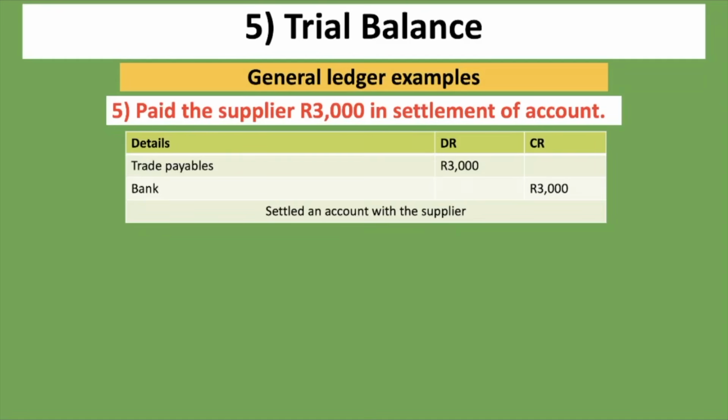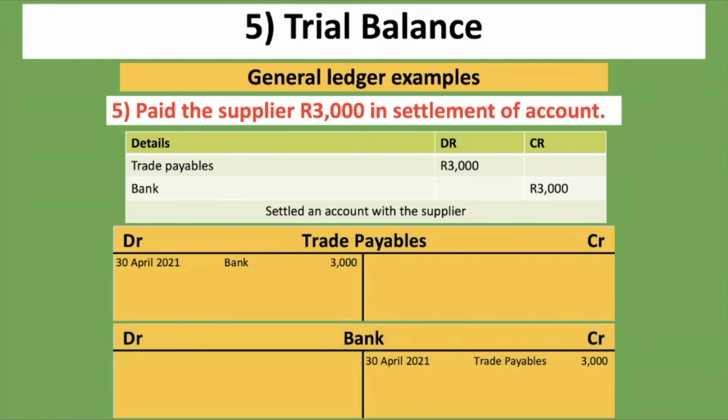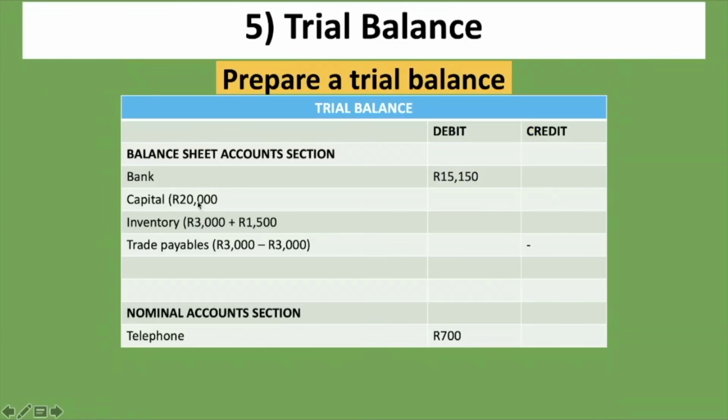All right, let's go back and look at the next one we have here, trade payables, where we paid the supplier 3,000 rand. Trade payables is a liability. If we are paying our supplier, then it's reducing our trade payables. So we're going to minus 3,000 rand here. As you can see, 3,000 rand which we initially owed minus 3,000 rand which we have paid for our payables, and we have nothing. Trade payables is a liability, increases on the credit side.